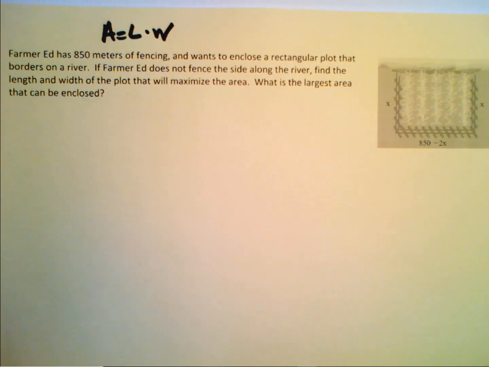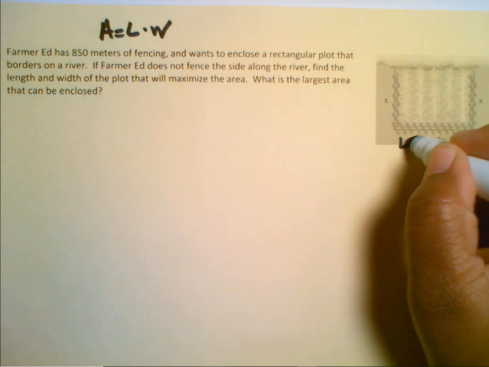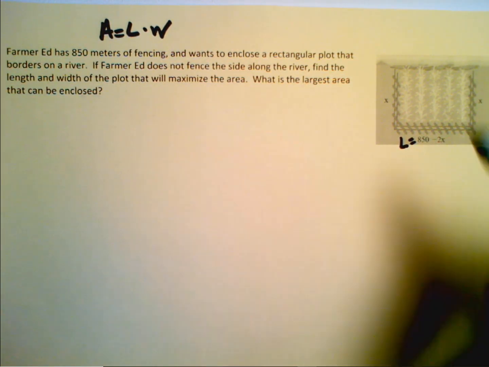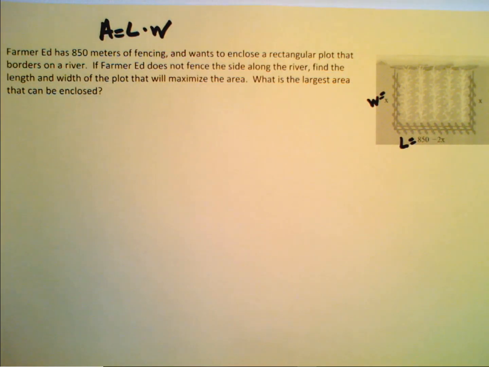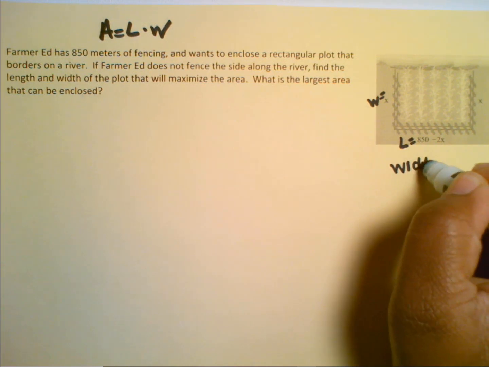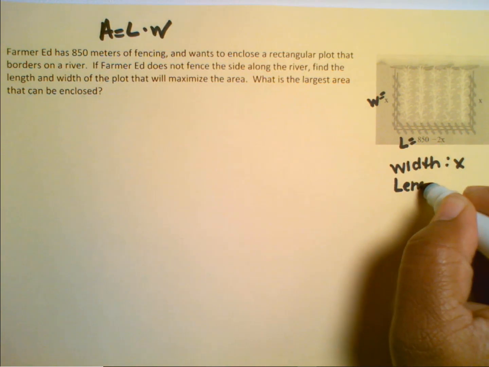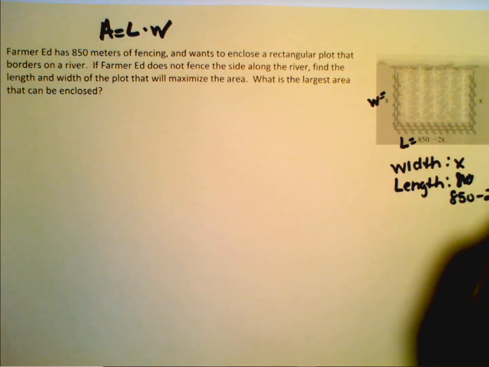We're going to let L represent the length, which will be 850 minus 2x, and we're going to let W represent the width, equal to x. So the width is x and the length is 850 minus 2x.